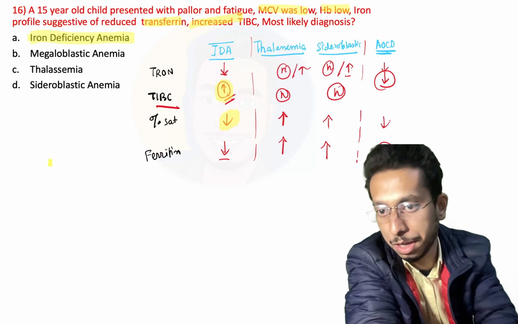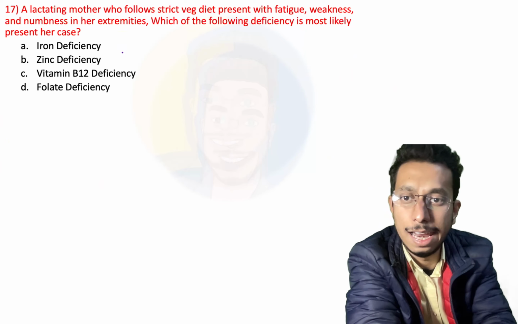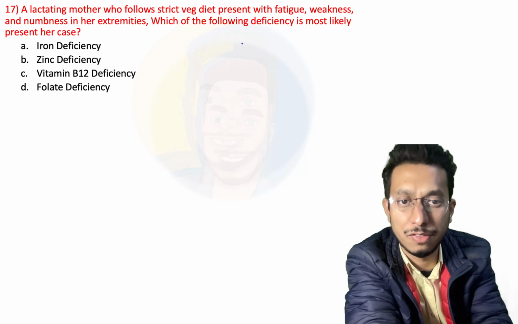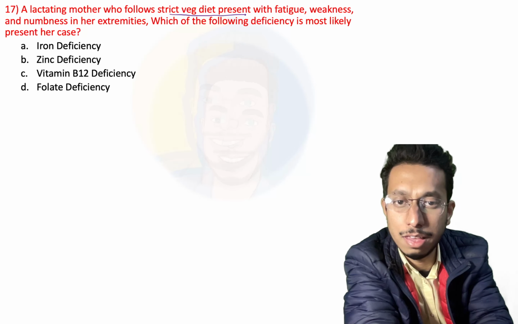All right. Now coming to the next question, again another question from anemia. A lactating mother who follows a strict vegetarian diet presents with fatigue, weakness, and numbness in her extremities. Which of the following deficiencies is most likely present in her case? So strict vegan diet is the key, guys.